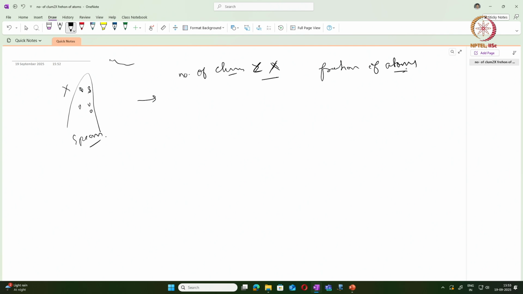For large size clusters, the limited detection efficiency reduces the measured frequency of clusters.